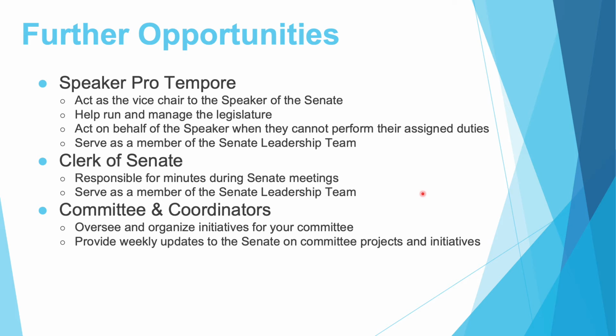And as I've mentioned before, we have committee and subcommittee chairs that are in charge of overseeing their own committees and their initiatives, and they represent their committees at the weekly Senate meetings, reporting any updates, projects, initiatives, just stuff like that.